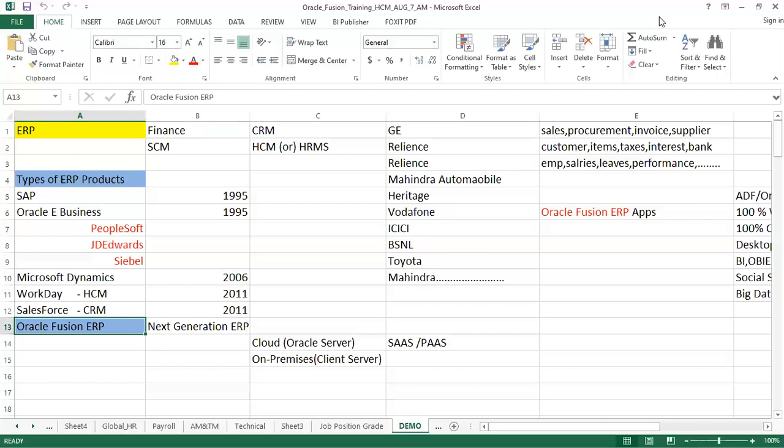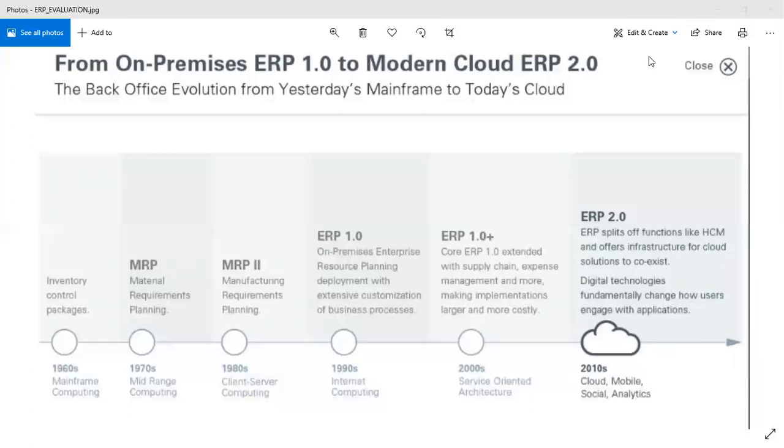Before that, I'll just open one image where you can easily understand how the ERP trend has changed since the 1970s, 1980s, 1990s, and in the current 20s. Let me open that image. So if you look at this image, we can understand that earlier, we used to maintain only the inventory data.